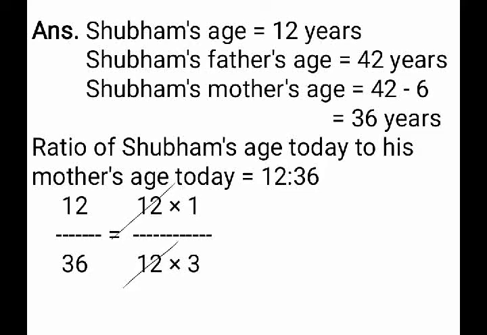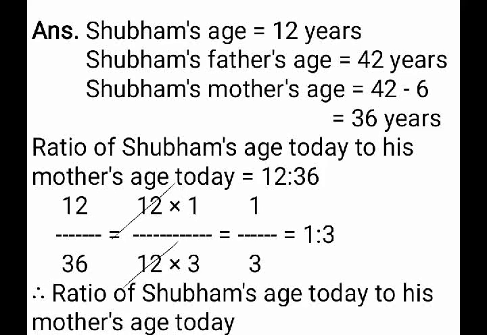So what will remain? 1 upon 3. The ratio form of 1 upon 3 is 1:3. And the final statement you have to write: therefore, the ratio of Shubham's age today to his mother's age today is equal to 1:3.